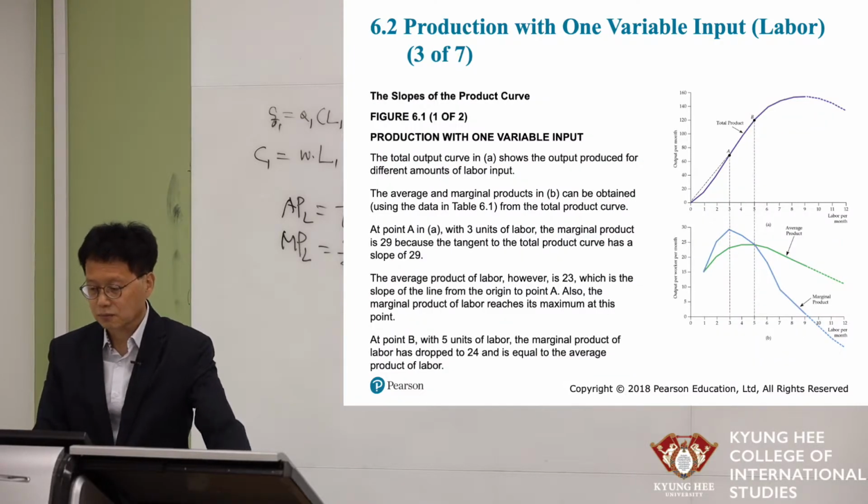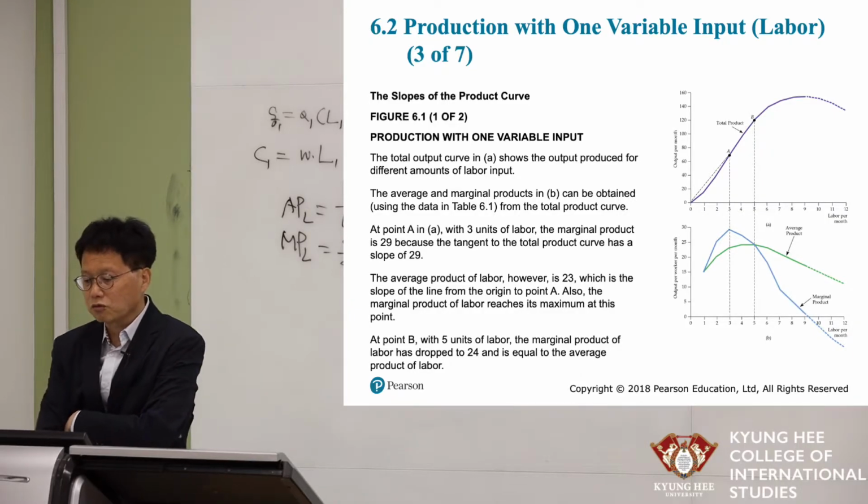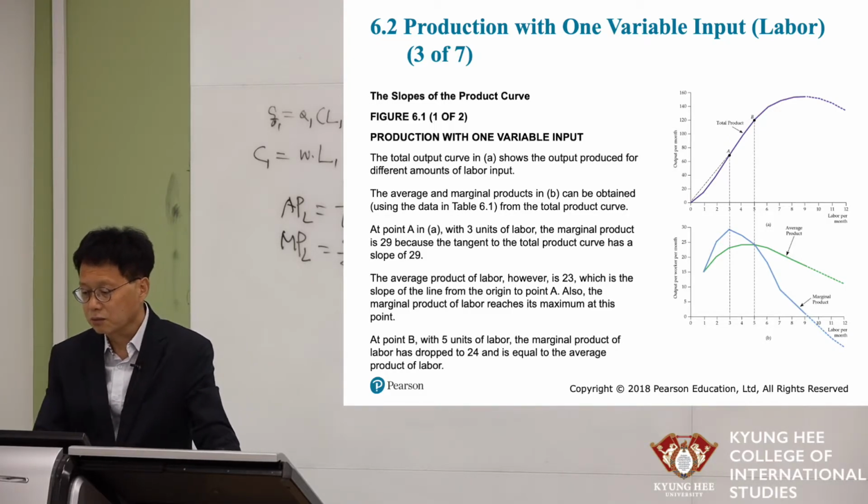The graphical illustration: production with one variable input. There exists only one variable input, that is labor, right? Then the production function is like this. From this production function, we can derive the average product of labor and the marginal product of labor.